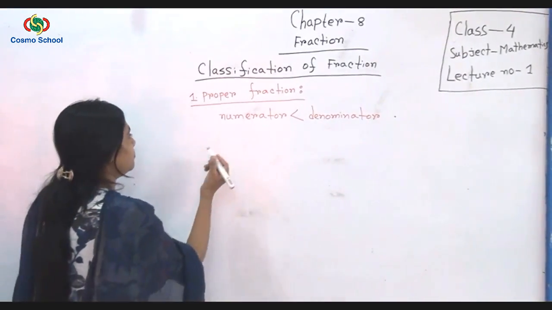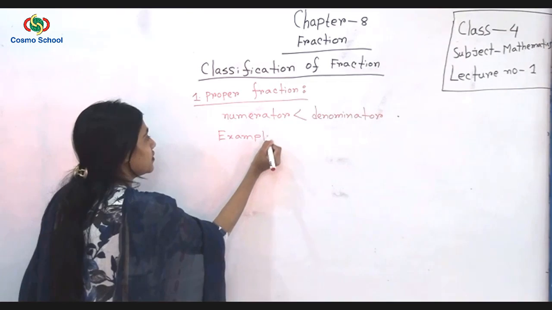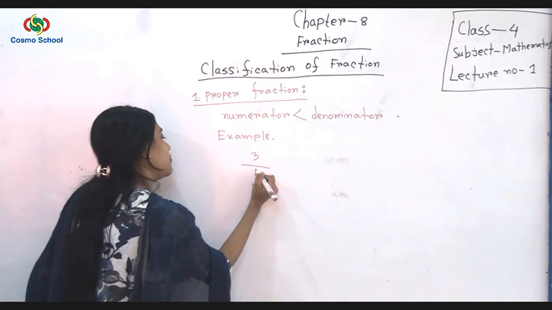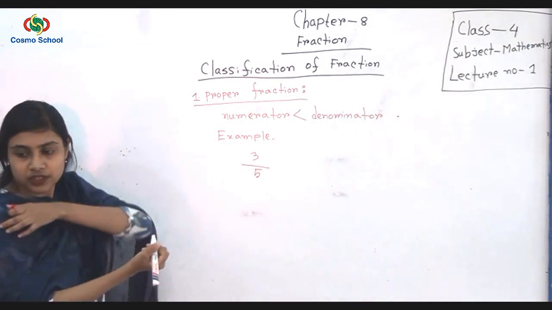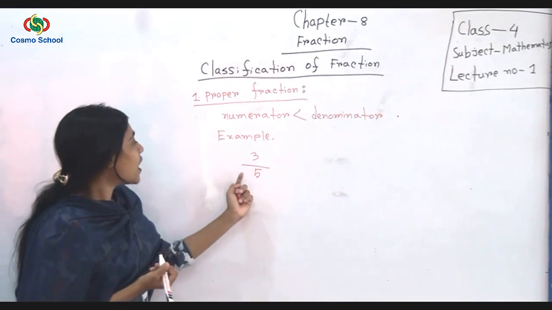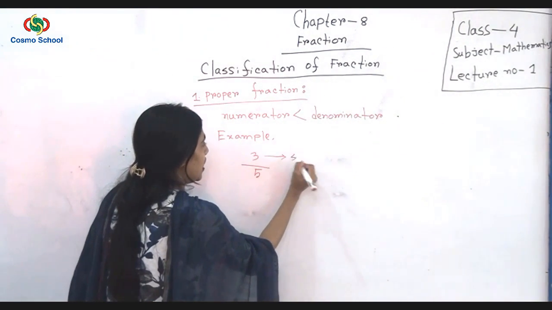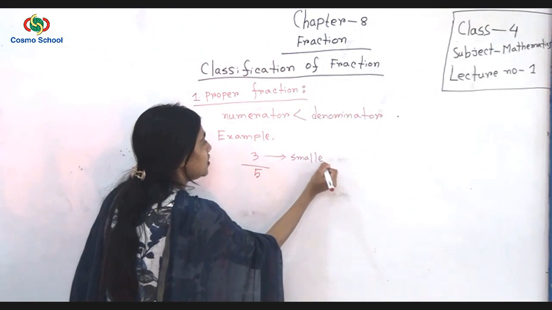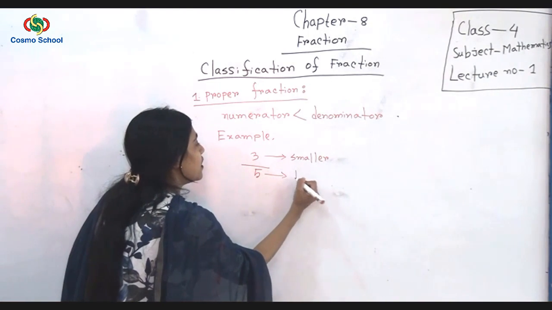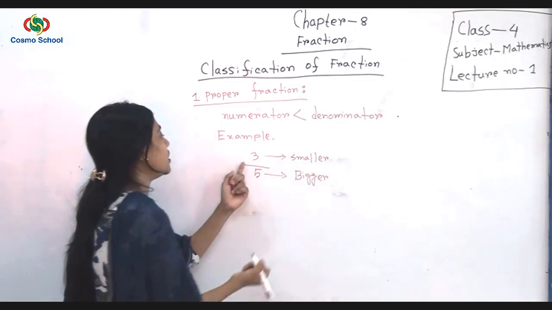For example, 3 divided by 5. Here 3 is the numerator and 5 is the denominator. 3 is smaller than 5 and 5 is bigger than 3.